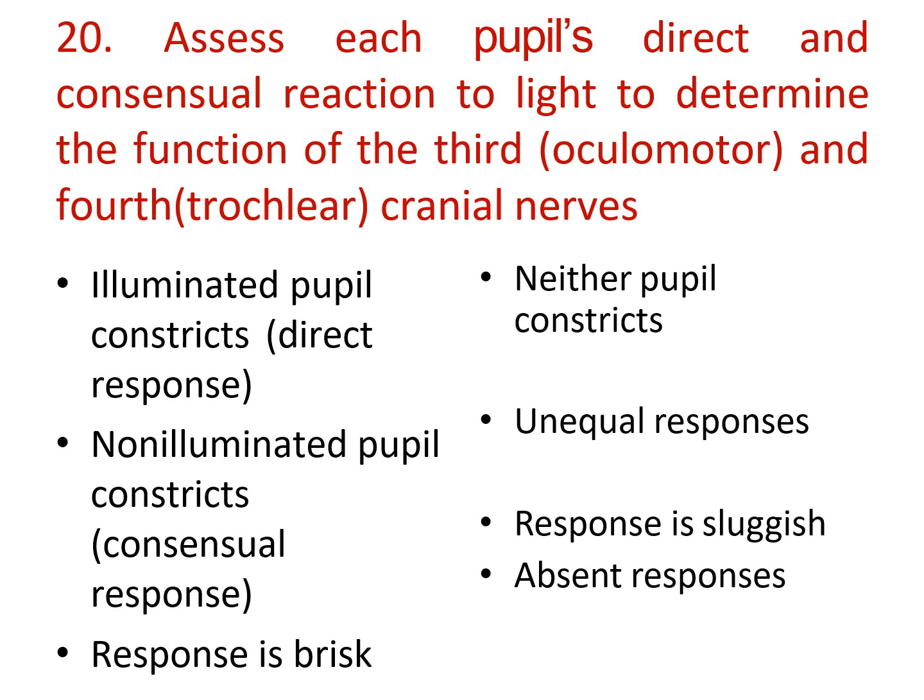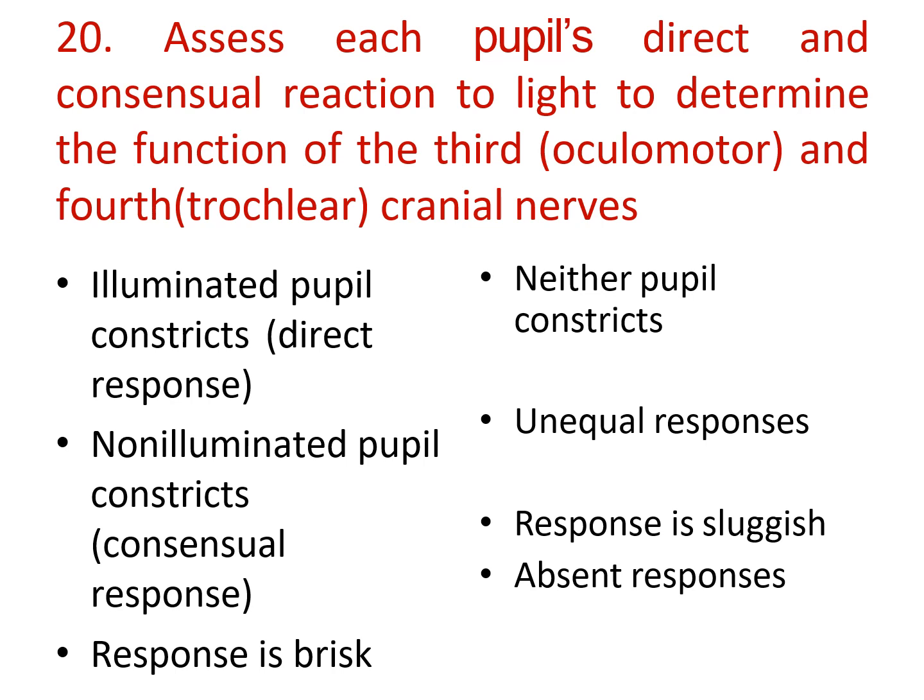That's why it is direct, because of the direct light over it. For the consensual response, the normal finding is that both pupils should constrict and dilate at the same time, even if only one of the pupils is receiving the direct light.